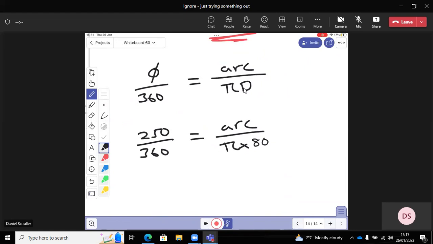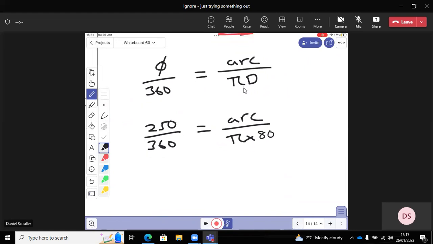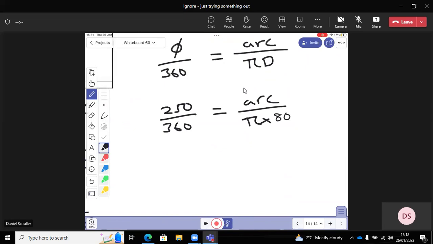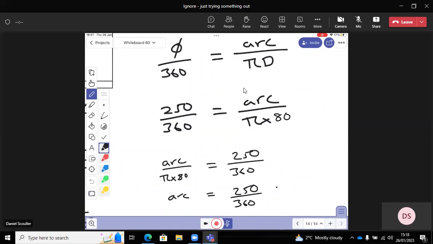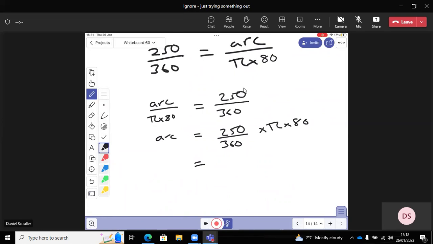That's why you always take it nice and slowly in the exam, read the question fully. Rearrange that, put our unknown on the left hand side, so just spin it round. Arc is equal to 250 over 360 multiplied by pi multiplied by 80. Whack that in the calculator, should get 175. Remember that arc is a length from point to point, so the units is just centimetres.